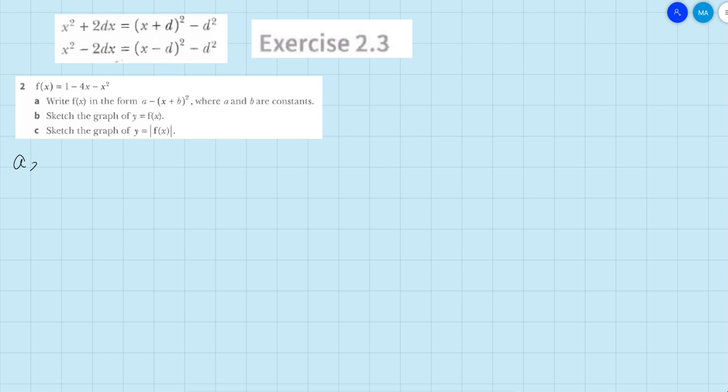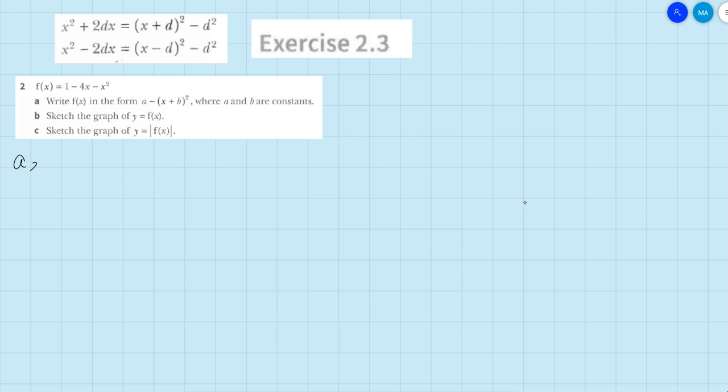I did so many questions, all questions of exercise 2.2, where this kind of part, like convert the following into perfect square, came many times. So those students who have difficulty converting the given quadratic expression into completing square, kindly watch my previous videos.